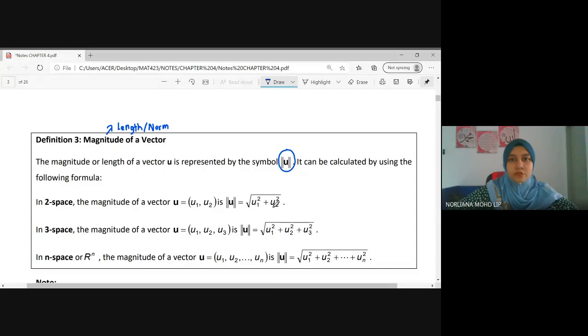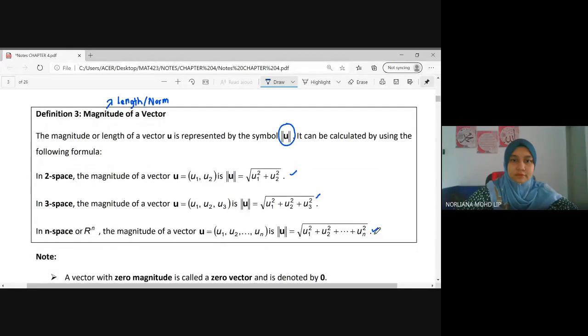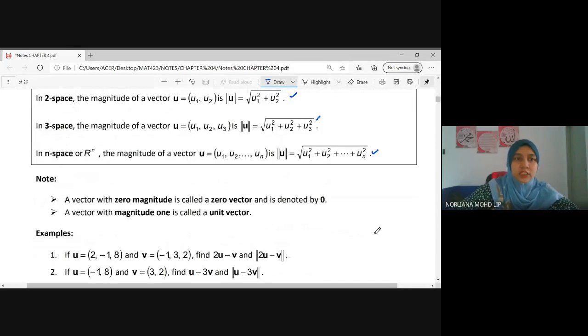For example, in two-space, we have the square root of u1 squared plus u2 squared. This one is for a vector in 3-space, and in general a vector in n-space. A vector with zero magnitude is called a zero vector and is denoted by 0.